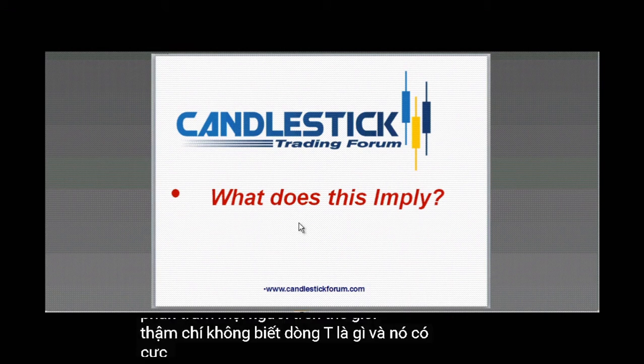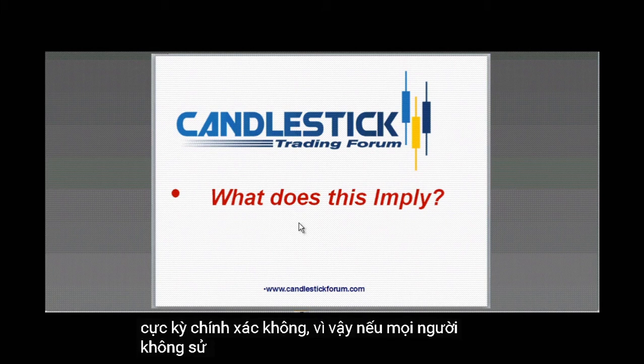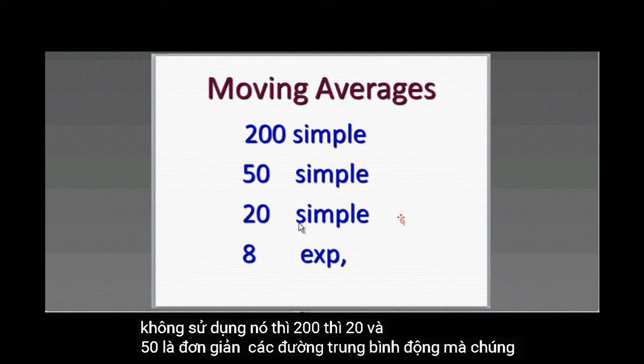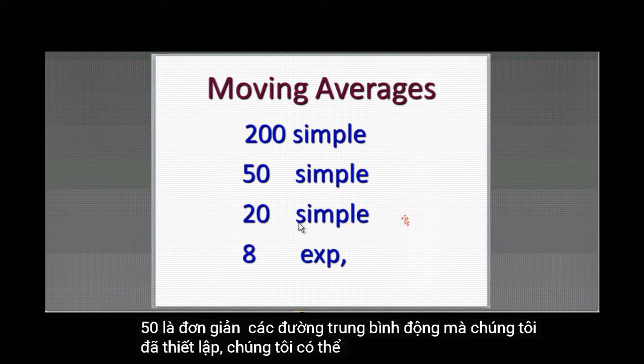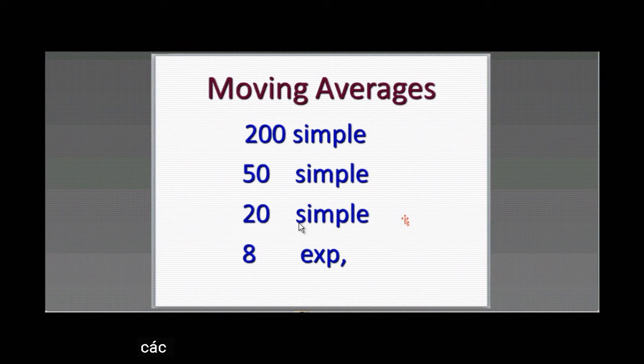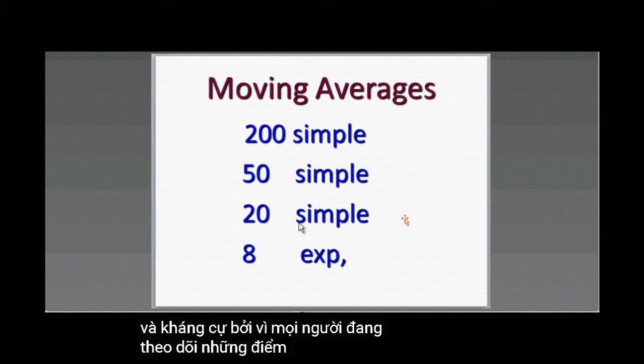And it's extremely accurate. So if everybody's not using it, the 200, the 20, and the 50 simple moving averages, we've already established we can use those for very good, high probability reversal points that are going to act as support and resistance because everybody's watching those.